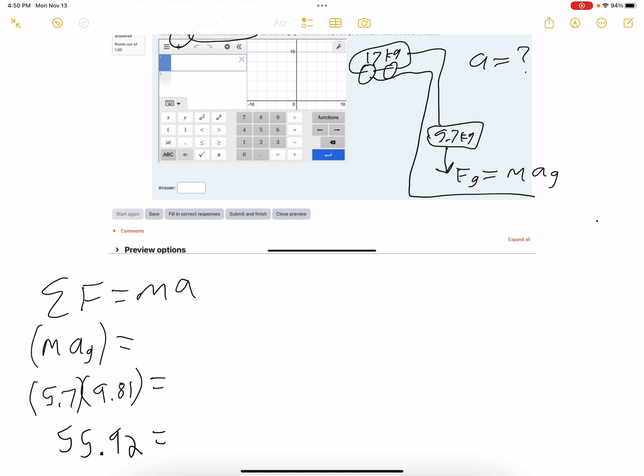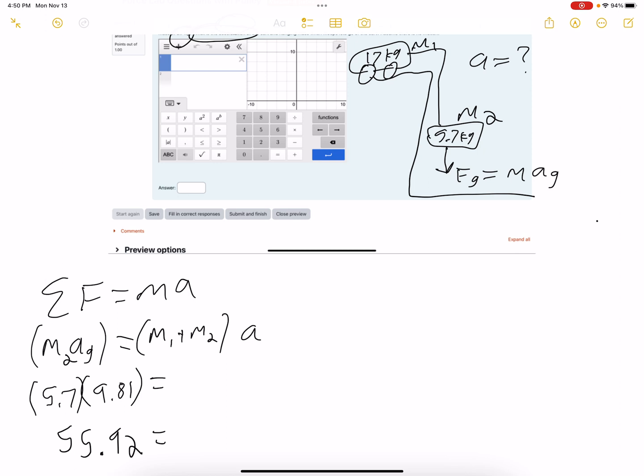The right side of my equation, I have an M and I have an A. The M is the mass being pulled. The mass being pulled is both M1 and M2, and I can label these M1 and I can label these M2. So actually the mass being pulled is my M2. M2, that's the one that's applying the force.